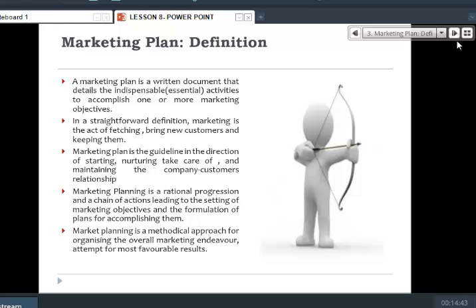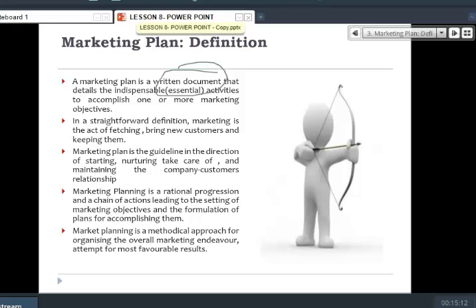A marketing plan is a written document. This is one of the basic components when you want to write a marketing plan. So a marketing plan first must be written.